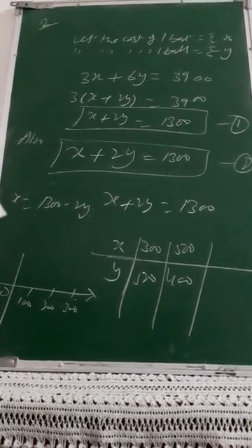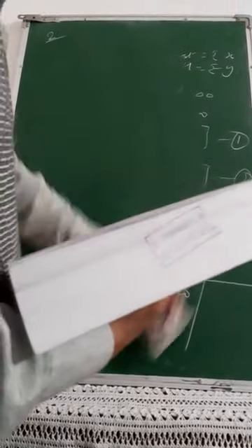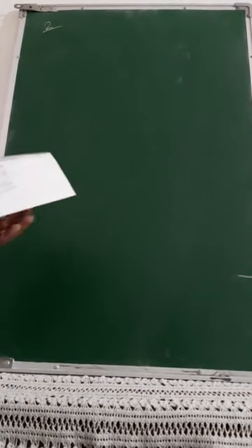Similarly, you can go for the third question, which is the last question of this exercise, and that is again about the cost of 2 kg of apples and 1 kg of grapes.